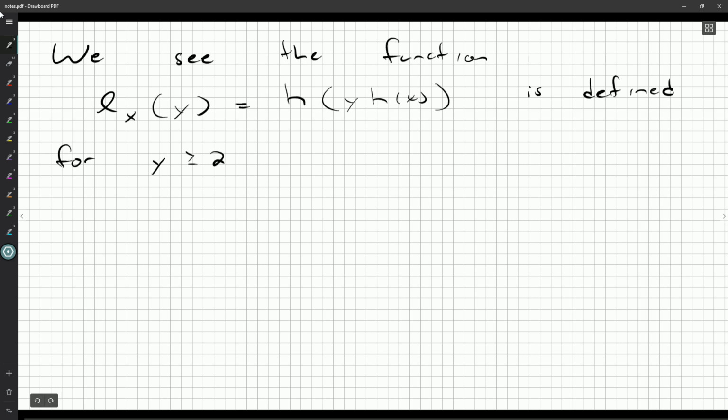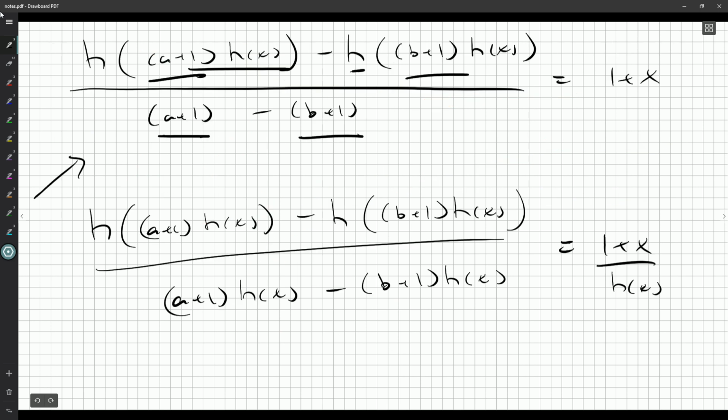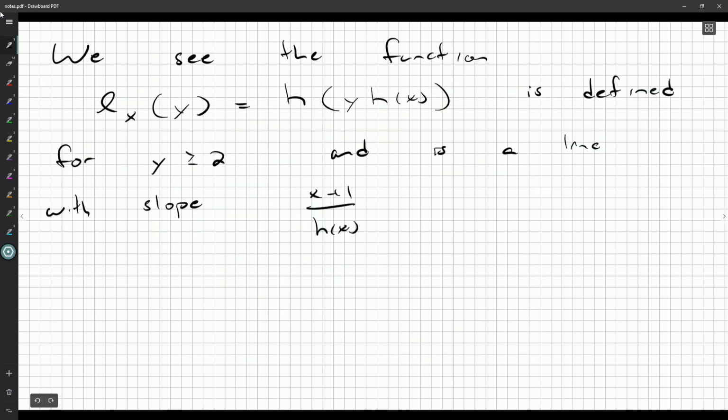That's not really going to matter so much to me. And is a line with slope (x plus 1) over h of x. So we're going back in time. We're just rewinding the clock back to when we made this observation. I'm just redefining my line because I don't like this plus 1. Okay.